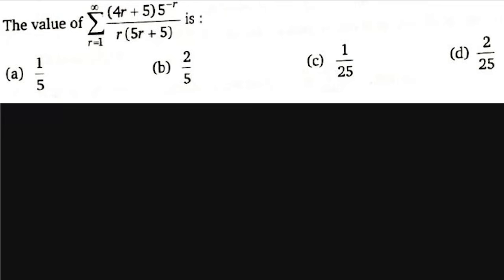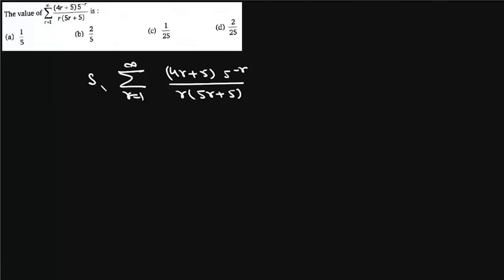Now here the question is, we need to find the value of this series, which is this summation r varies from 1 to infinite, and this is 4r plus 5 into 5 to the power minus r upon r into 5r plus 5, and that's your S infinite. Now what we'll do is, we'll first find the sum up to n terms.